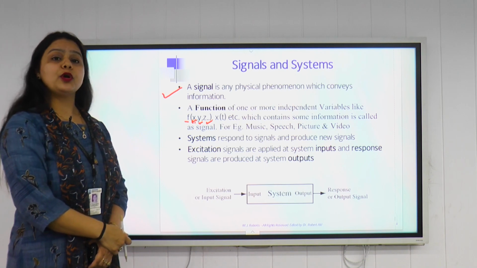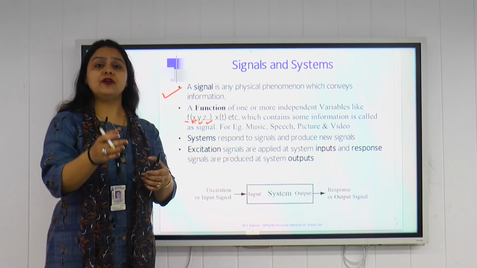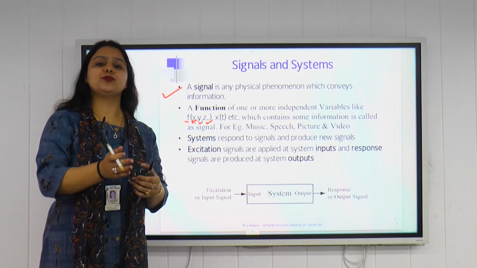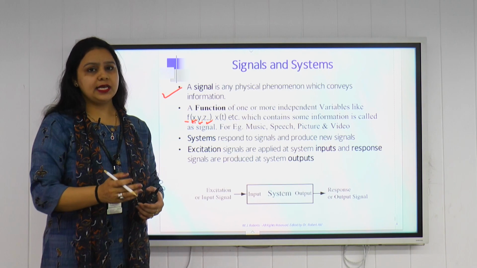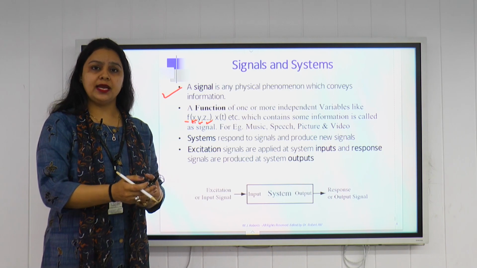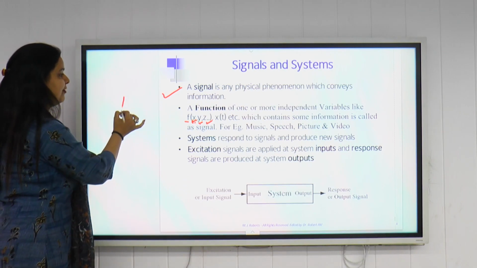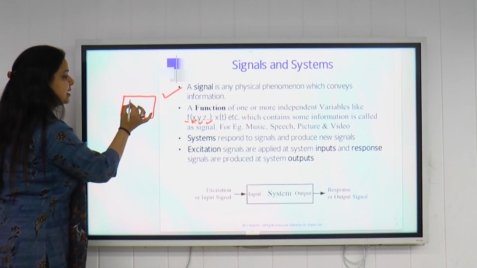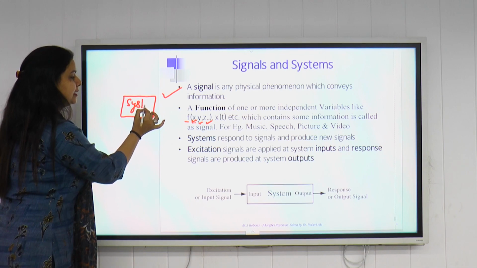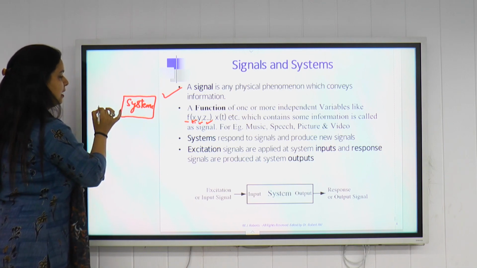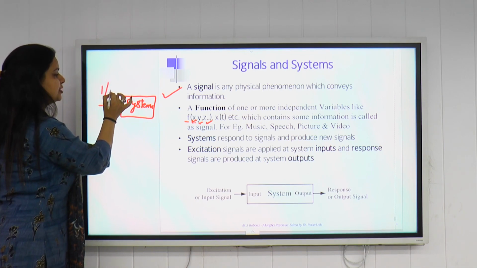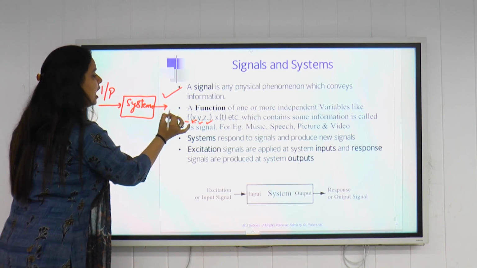If I discuss the system, it is basically a physical media which does processing on the signal. Basically, we have the signal on the input side. Suppose this is a system which is considered as a physical media. The input signal is given to the system and we get the output.